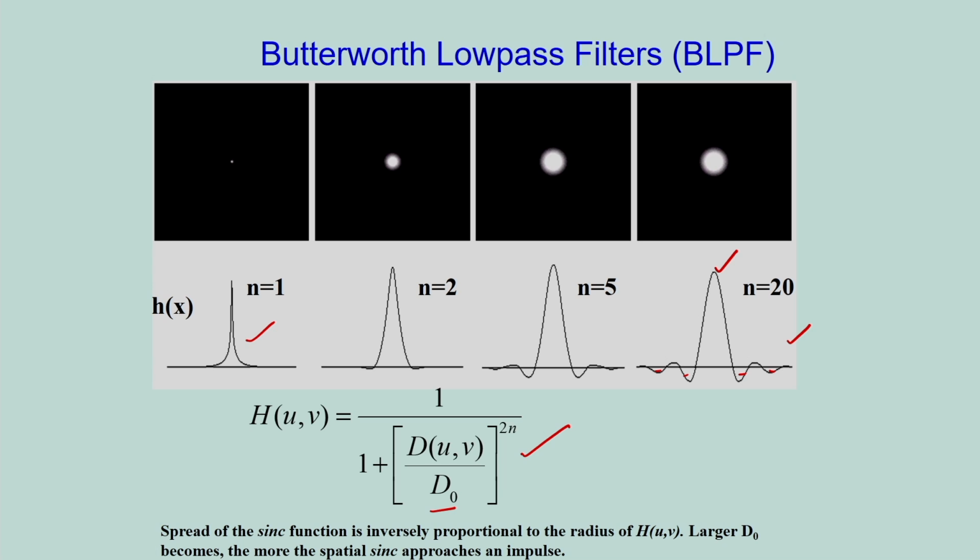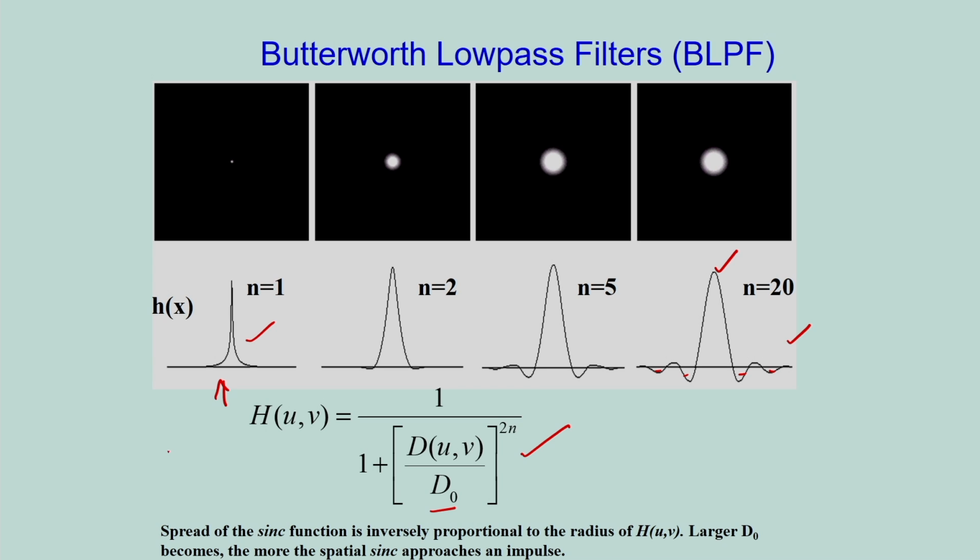As I have already explained, the spread of the sinc function is inversely proportional to the radius of H(u,v). That means the larger D naught becomes, the more the spatial sinc function approaches an impulse. So if I consider a high value of D naught, then the sinc function approaches the impulse.